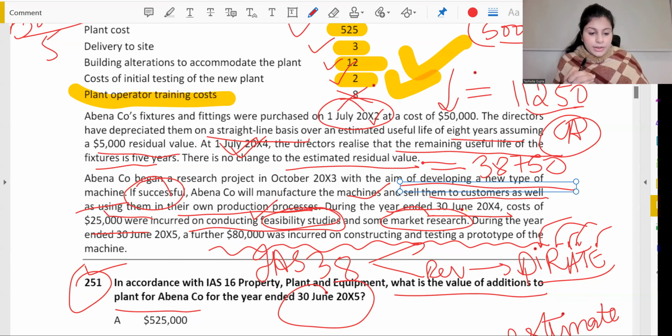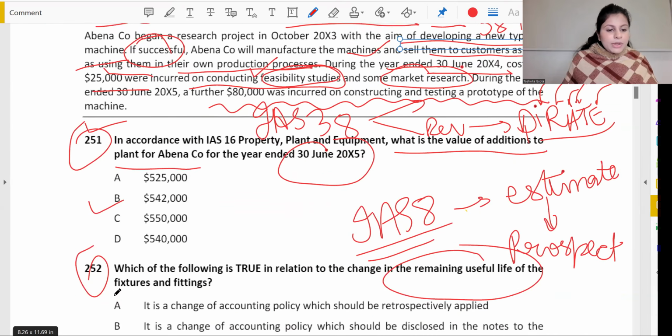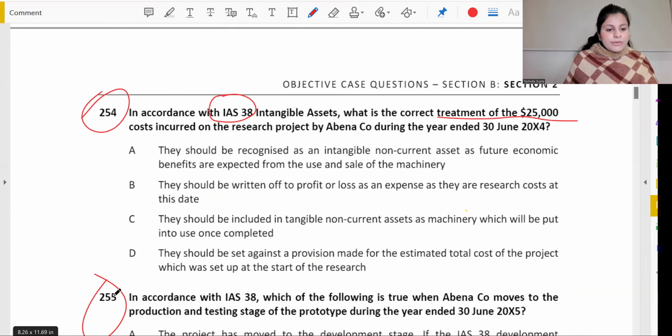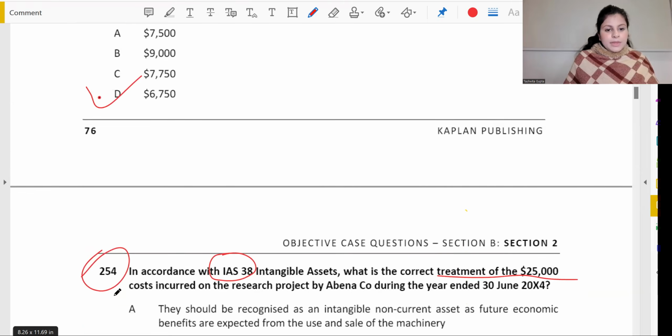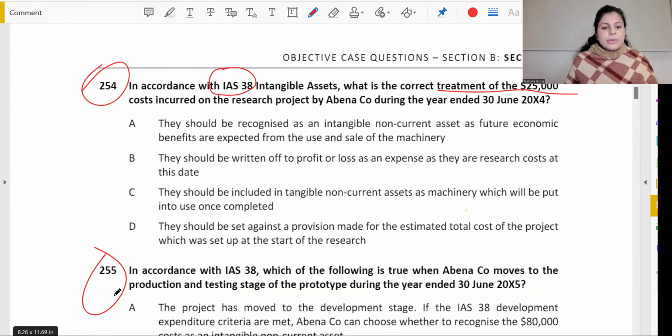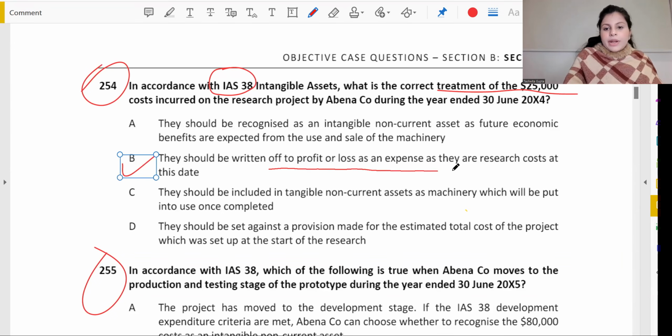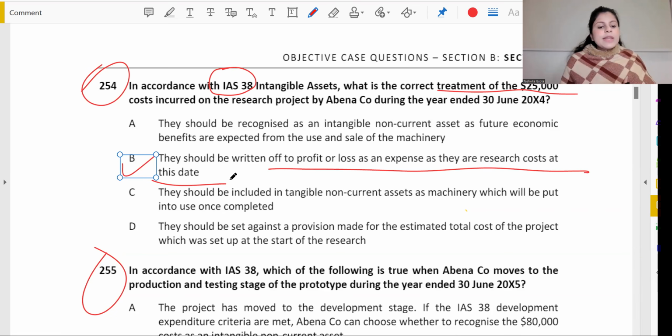So I'm still in doubt. It's research. So it's a research cost of 25,000, and this should be written off to profit and loss as an expense, because feasibility studies and market research are research expenses.